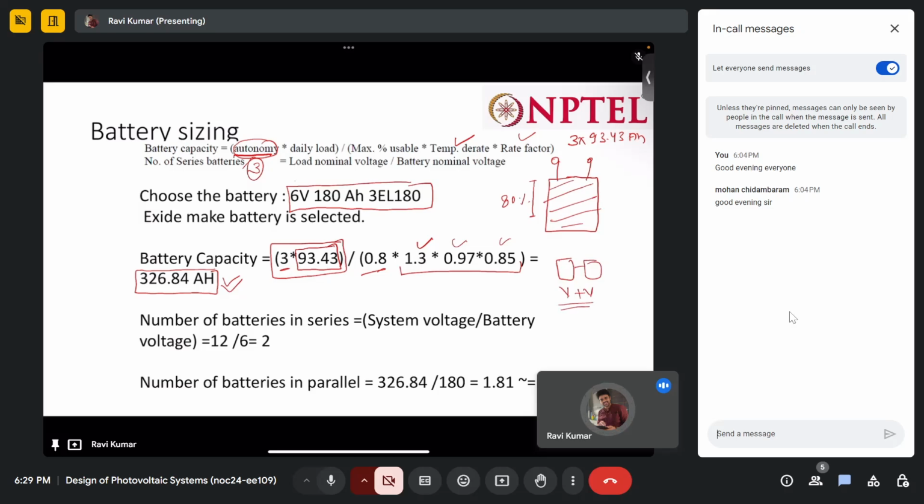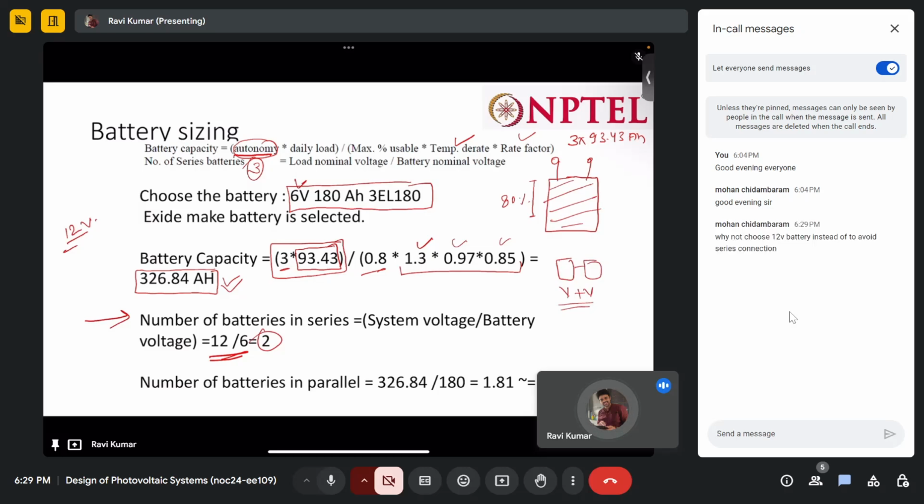So it is a 6 volt battery, and we are requiring a 12 volt system, so we require at least 2 batteries for the series connection. To calculate the number of batteries in series, you need to divide the system voltage by the battery voltage.